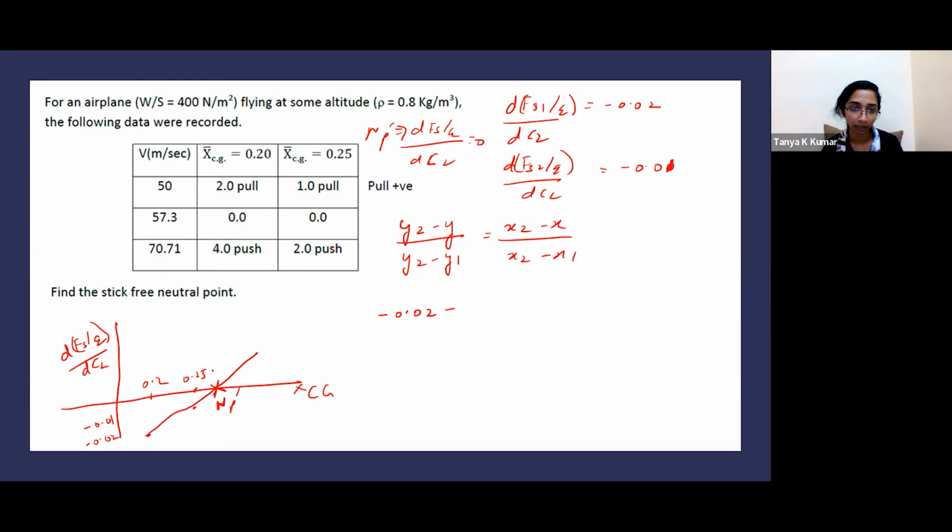This is x comma y, and in this case y is 0. So you take 0, again y2, so minus 0.02 minus y1, this value, minus of minus 0.01, is equal to x2, which is 0.25, minus x, the value that we need, by 0.25 minus 0.2.